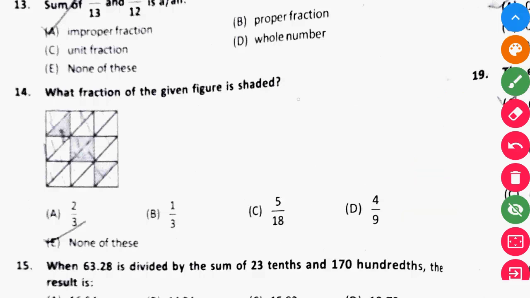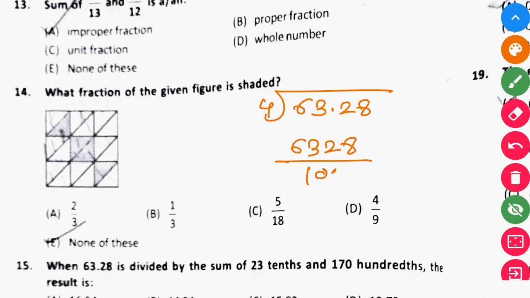So 63.28 divided by 4 you can do, or 63.28 can be written as 6328 upon 100 divided by 4, which means multiplied by 1 upon 4.